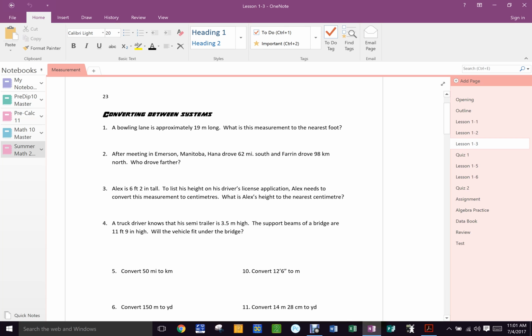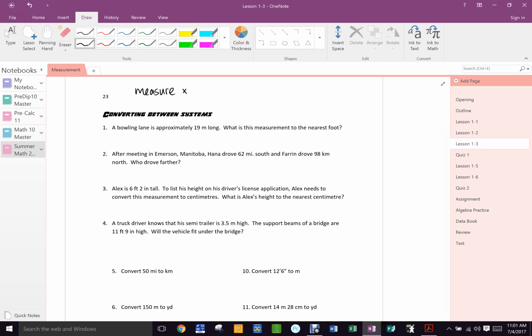To convert, we take the measurement that we have, and we multiply that by the fraction. The fraction is always what we want over what we have. Now in this case, because we're going between systems, there's going to be an SI one, and there's going to be an imperial one.